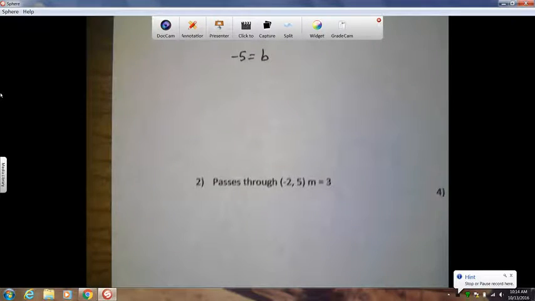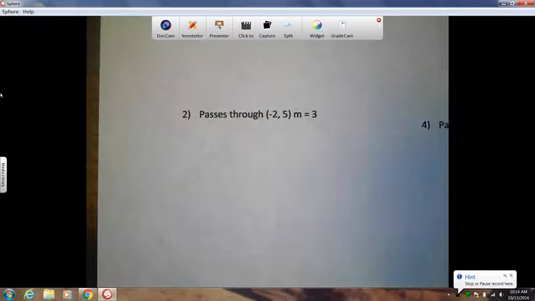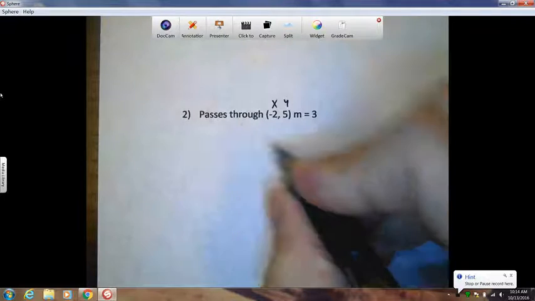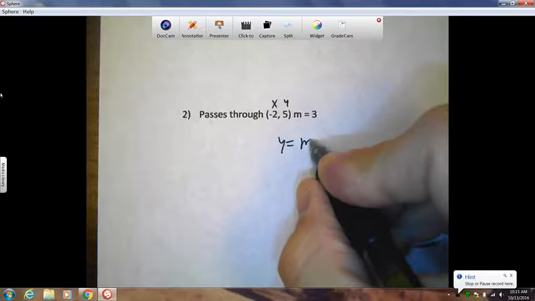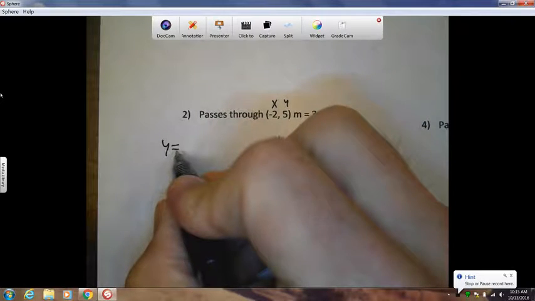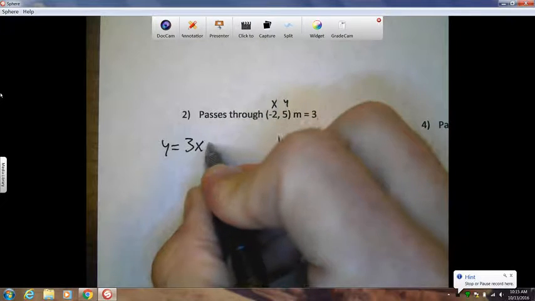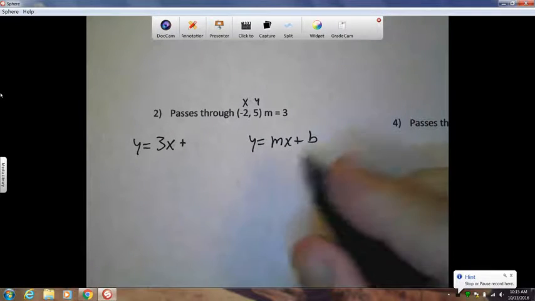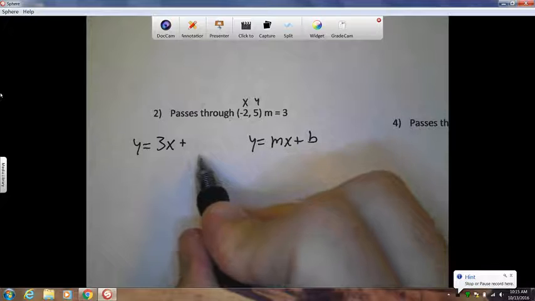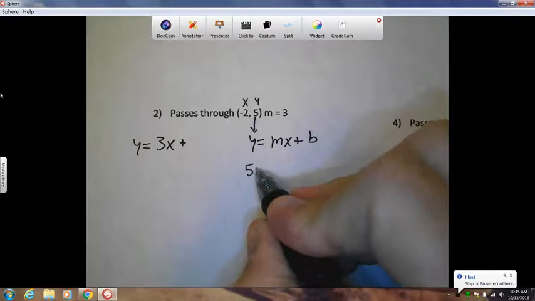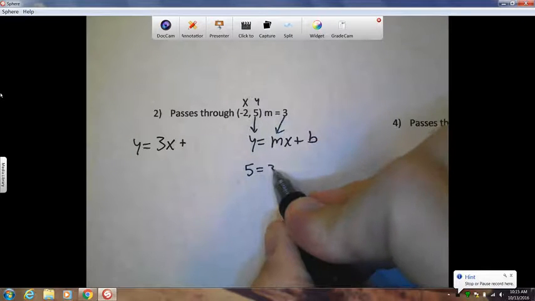Just like always, go ahead and label your stuff. Here's x, here's y. Y equals mx plus b. Y equals 3x plus. So here I'm starting to write my answer. Here I have my formula. I need to find b. I need to find the y-intercept. So now I just have to substitute in. So 5 equals 3 times negative 2.